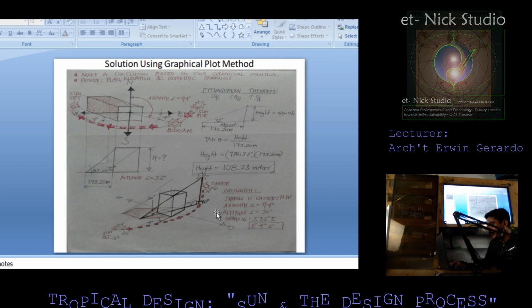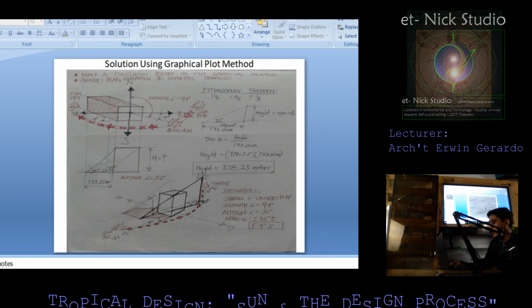So therefore, the shadow casted northwest is 94 degrees. The altitude angle is 32 degrees. So the bearing from south is 86 degrees going to north, or from east it is 4 degrees going south.